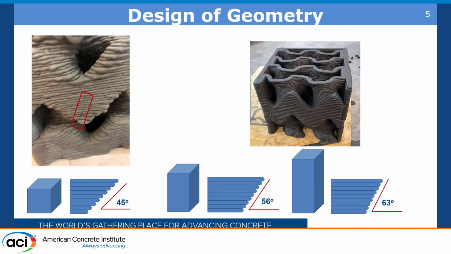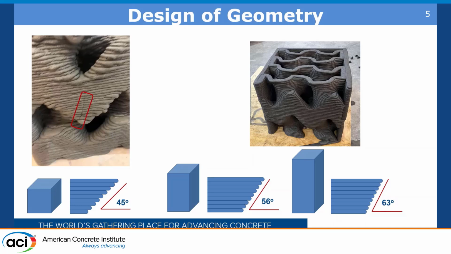In a previous study, we'd already created some smaller-scale gyroid cubes, and we had sought to understand how extreme of a geometry we'd be able to print. We tested three major principal overhangs here, a 45-degree angle, a 56-degree angle, and a 63-degree angle in these cubes.